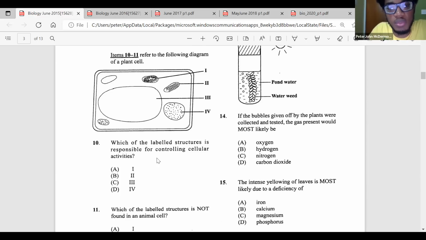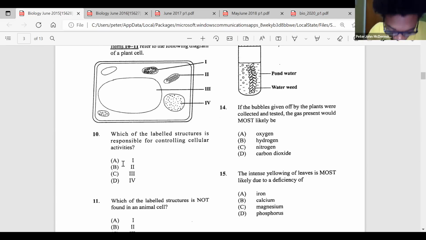So 3 is off the table. 4, honestly, 4 looks like it's the nucleus, but let's look onwards and check. 2 looks like it could maybe be a chloroplast, and 1 looks like it could maybe be a mitochondrion, right? So if I were to go with anything, I would say 4, and let me check.